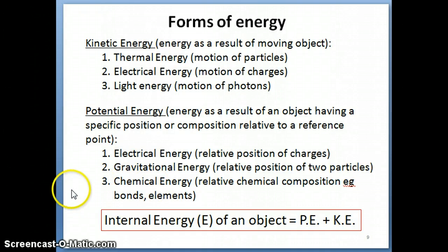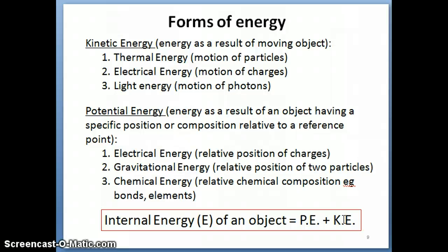One of the things I want to highlight right away is that an object's internal energy, which is symbolized as the letter E, is basically the sum of all the potential energy and kinetic energy that the object has. For example, let's say you're walking from home to school.